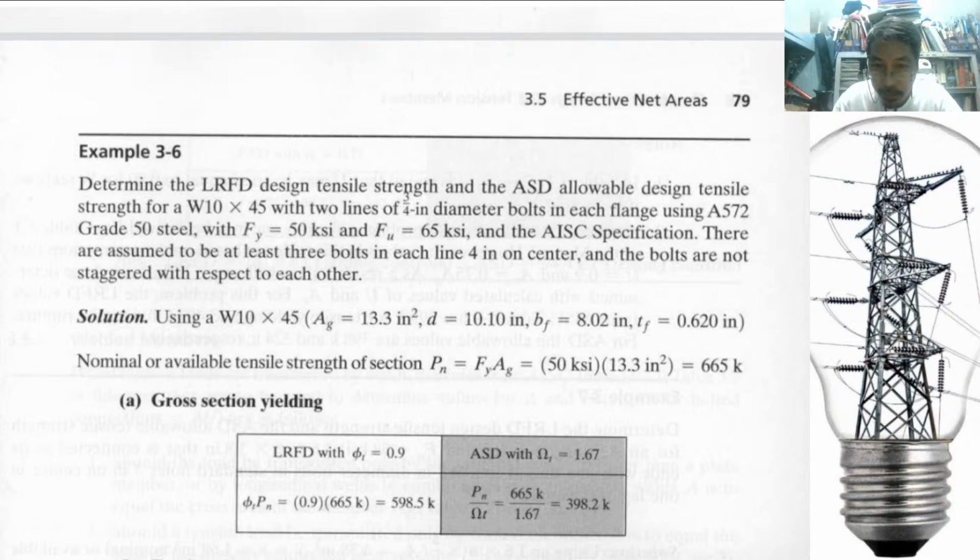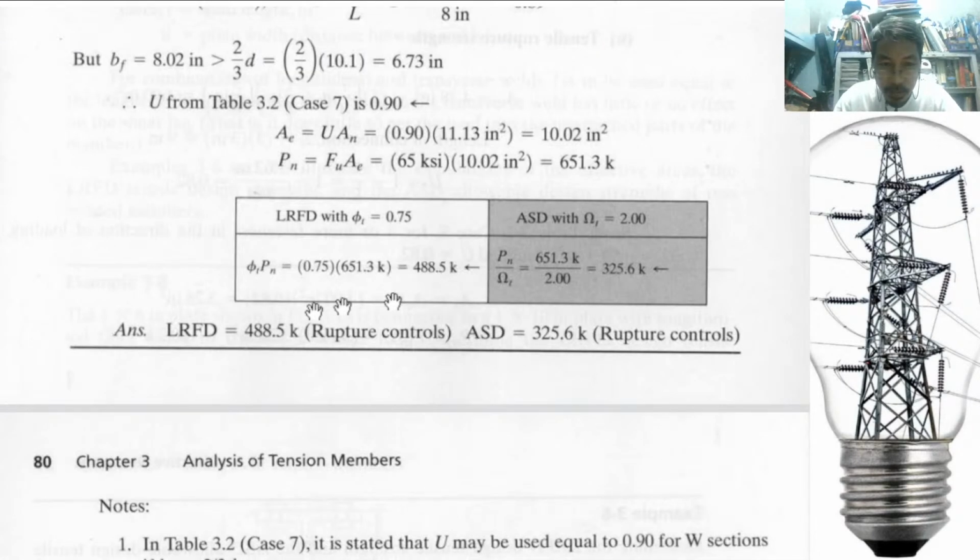The lower one must be our answer. So the lower one is 512. So 512 is the answer. You have to compare yield and rupture. Take note that for rupture, you have to use 0.75. I already showed it to you in the theoretical discussion, 0.9 and 0.75.